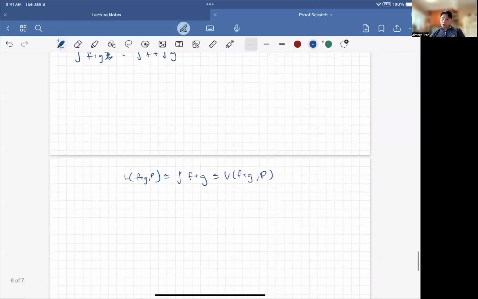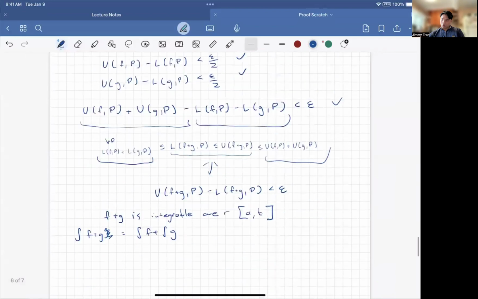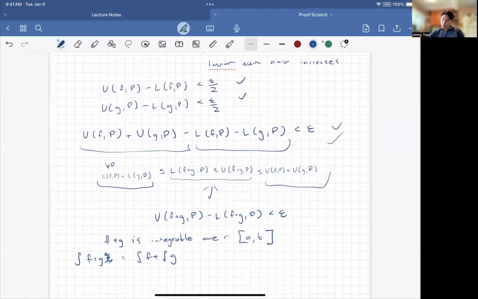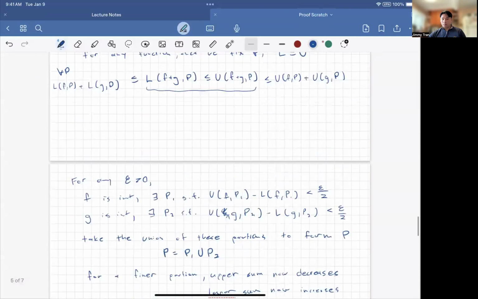And so based on the same squeeze argument that we had up here, we can now say that these values are greater than or equal to the lower Darboux sum of f over partition P plus the lower Darboux sum of g over P. And likewise, we can say here the upper Darboux sum of f over P plus the upper Darboux sum of g over P. And so we now know that this inequality is true based on the inequalities that we defined earlier in this proof here.